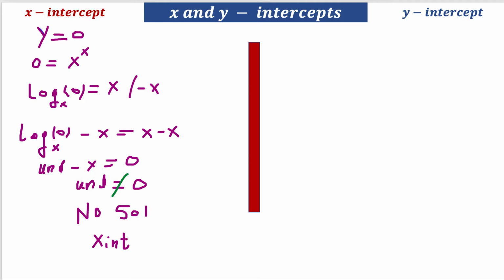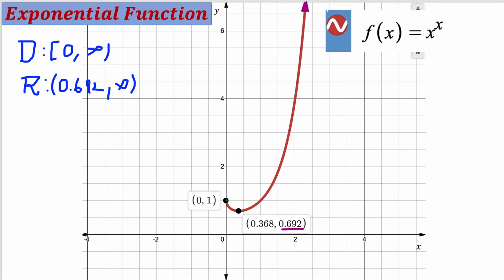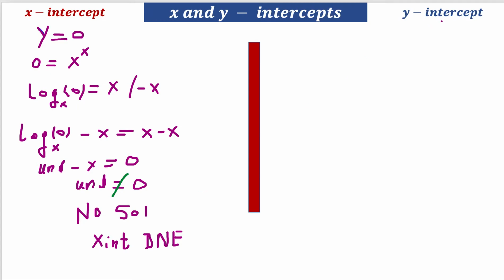Let me write it with the abbreviation DNE. So the x-intercept does not exist. And if we look here in the picture, we see the graph of the function x to the exponent x doesn't intercept the x-axis. Now let's go to the y-intercept.